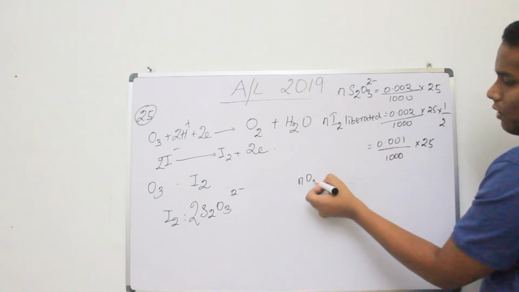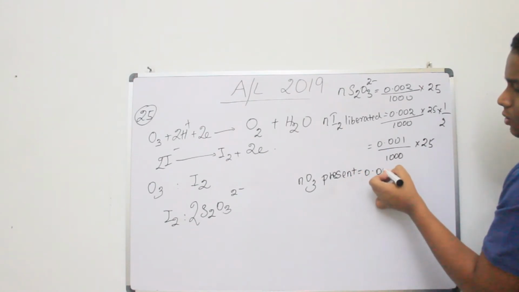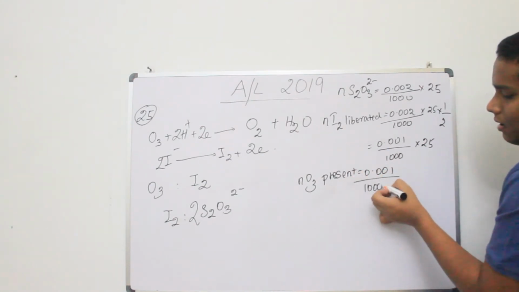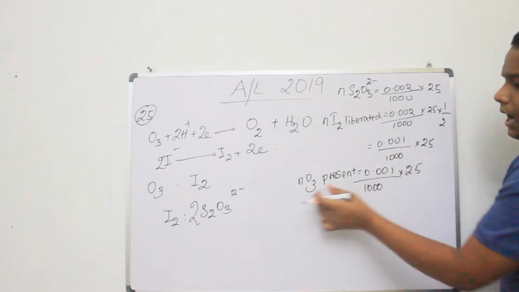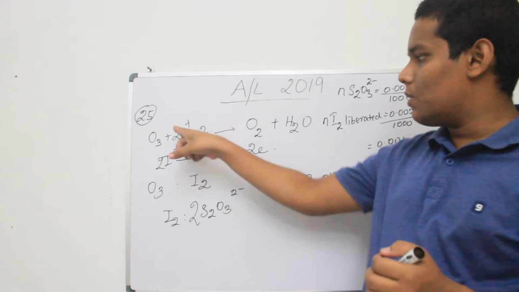So number of moles of O3 present is also the same, 0.001 divided by 1000 into 25, a 1:1 ratio from this equation.